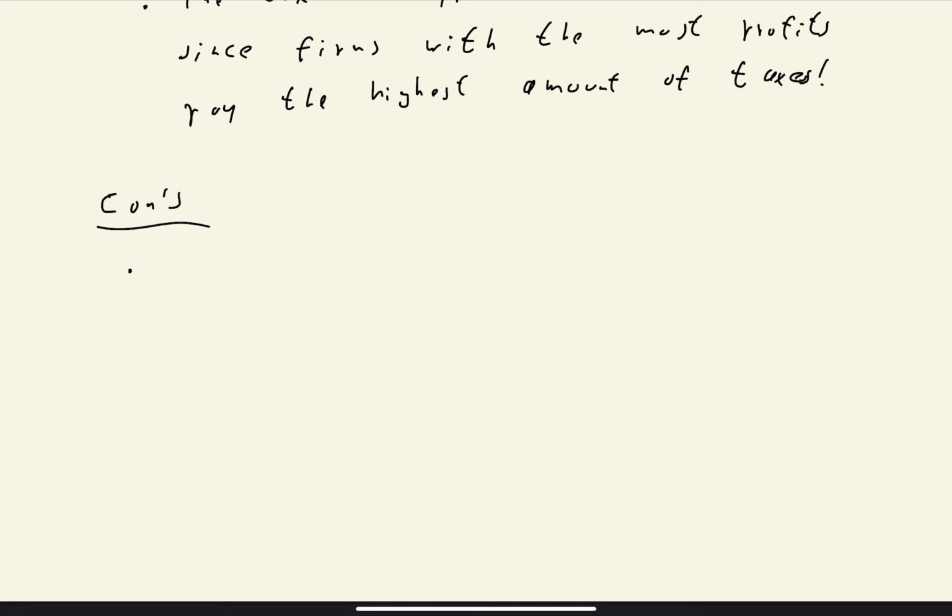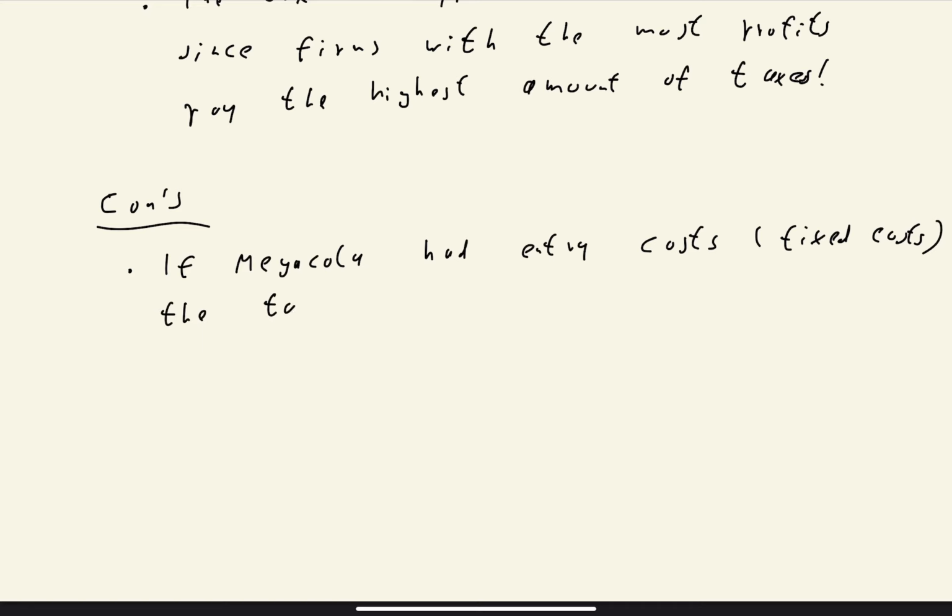So one is that if Mega Cola has entry costs, or had entry costs, so fixed costs, the tax could have prevented it from entering into the market in the first place.